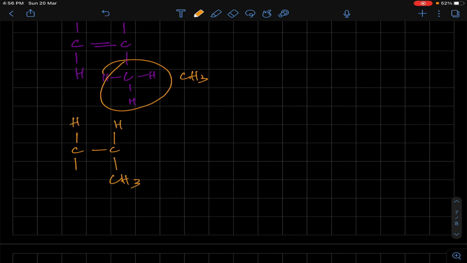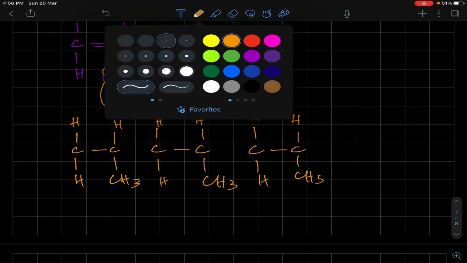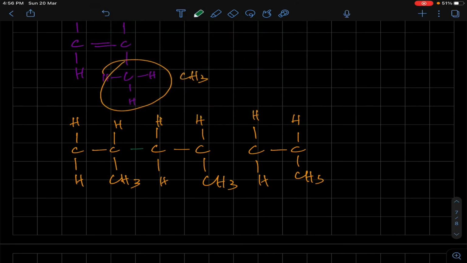So this is one monomer, and then another monomer, and the third one, because we have to draw 3 repeats. Because they are connected to each other, just make a bond between these carbon atoms, and the chain continues on this side and on this side.